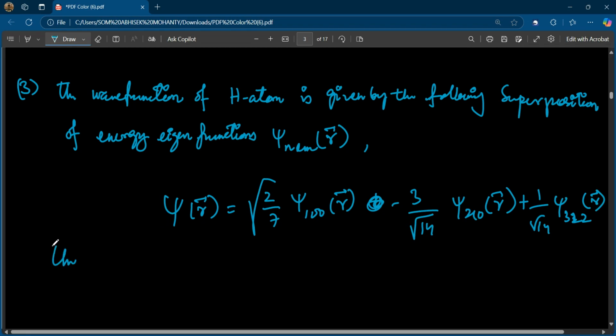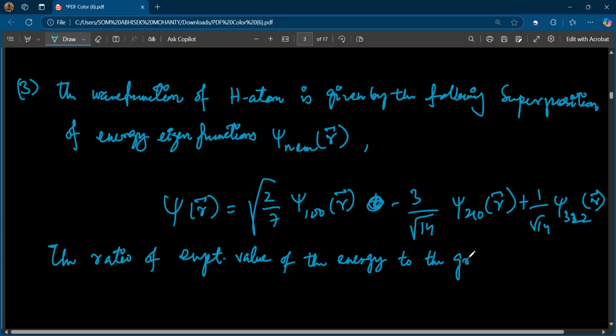So find the ratio of the expectation value of the energy to the ground state energy, and the expectation value of L square.